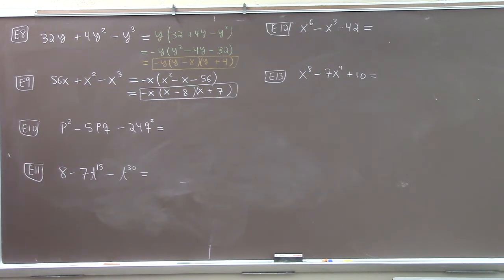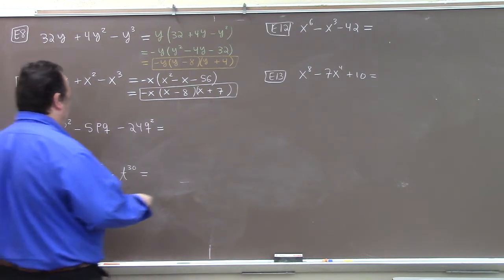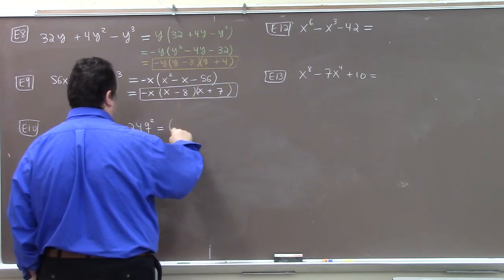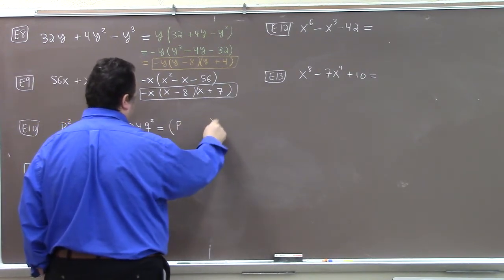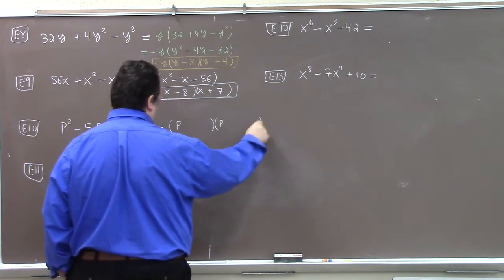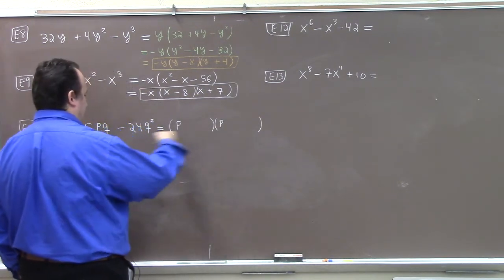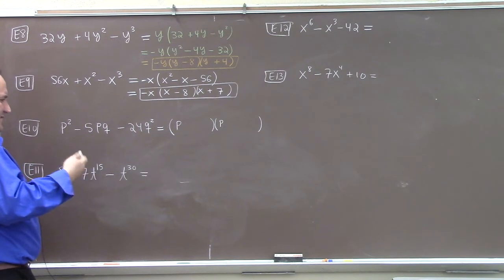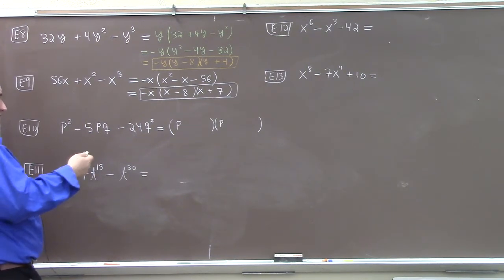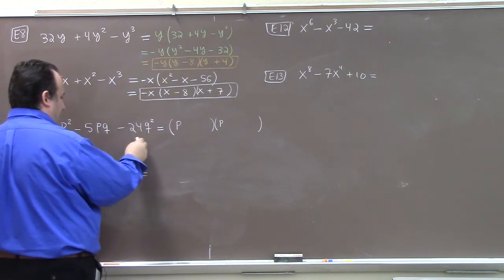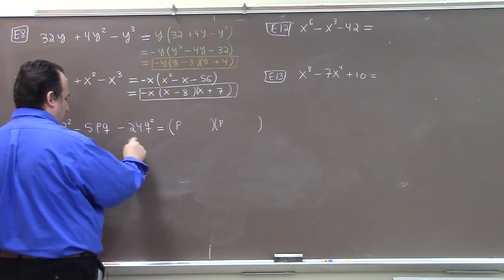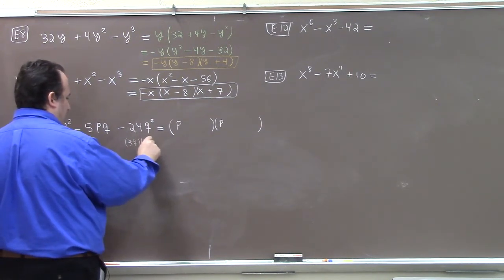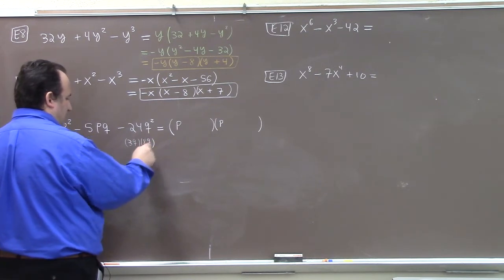So yeah, here we got to do something like p, and then we need to put things here that give you 24pq squared as their answer, right? I know it's a little bit ugly, so it could be something like 3q and 8q, right, with one of them being negative.